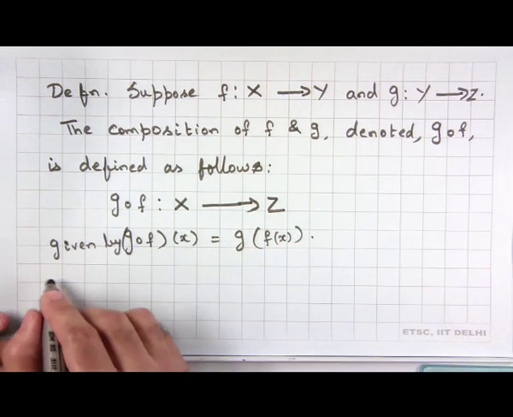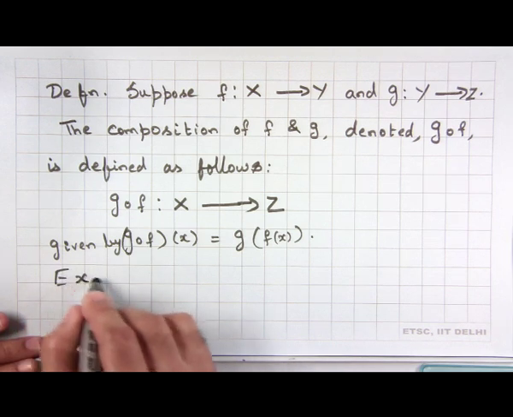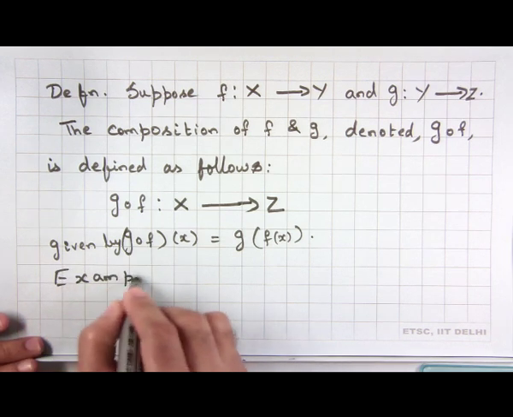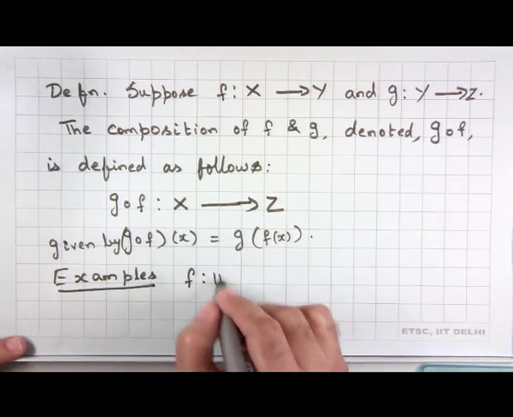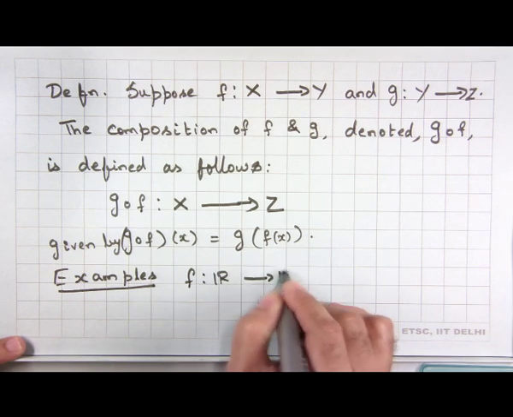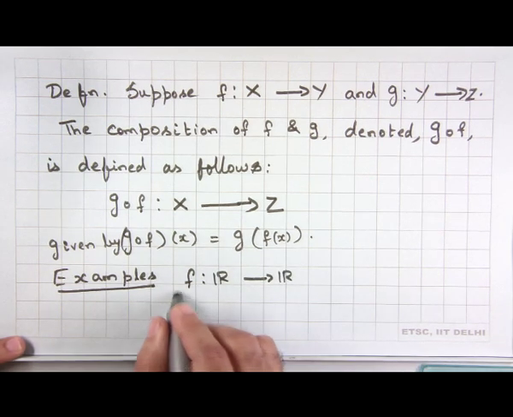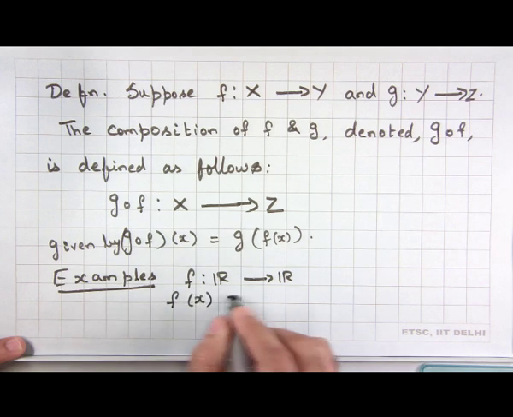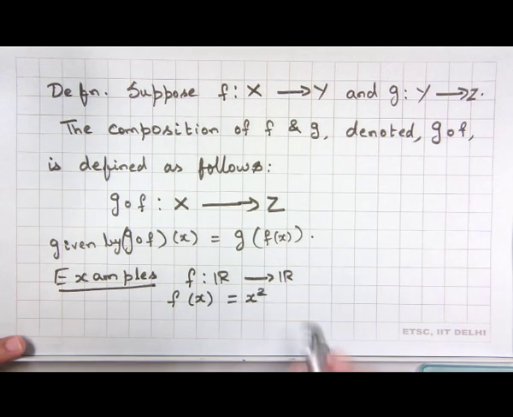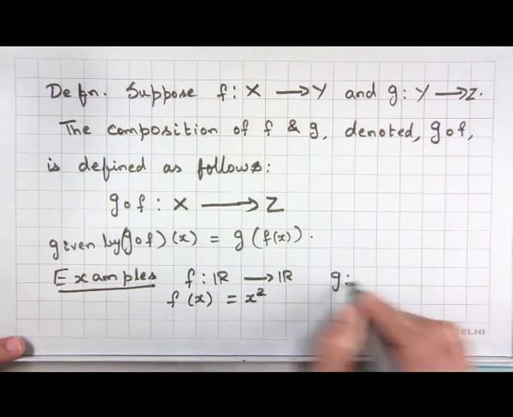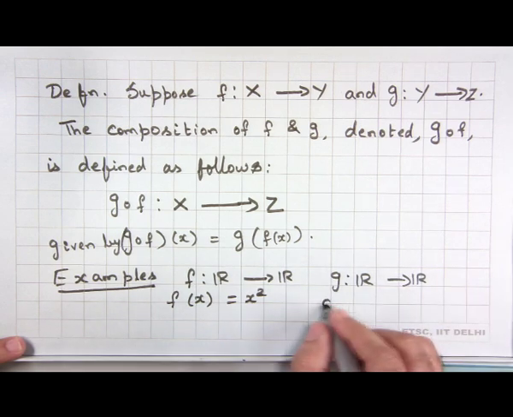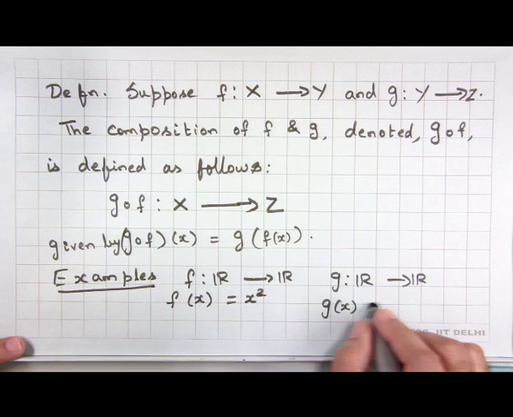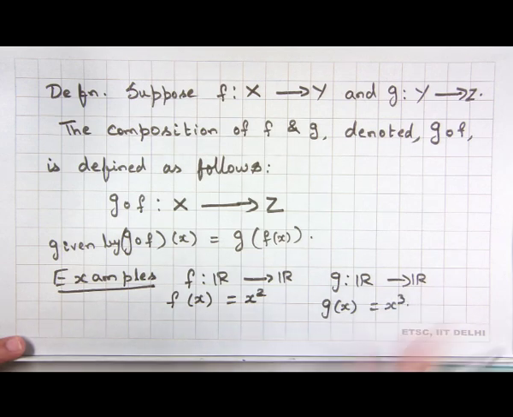Now, let us look at some examples for composition of functions. Let us look at the function f from R to R given by f x equal to x square and another function g from R to R given by g x equal to x cube.